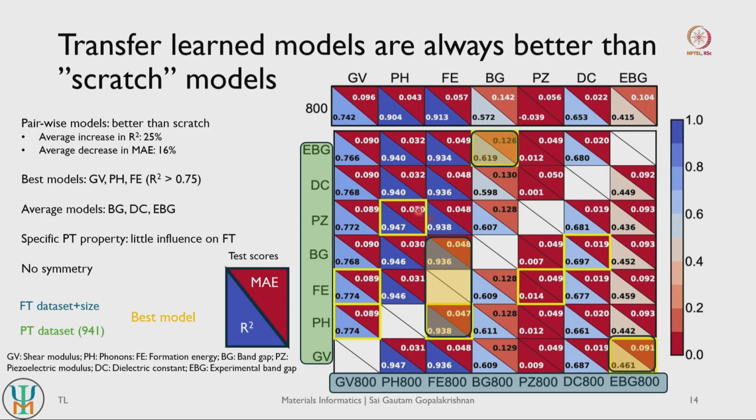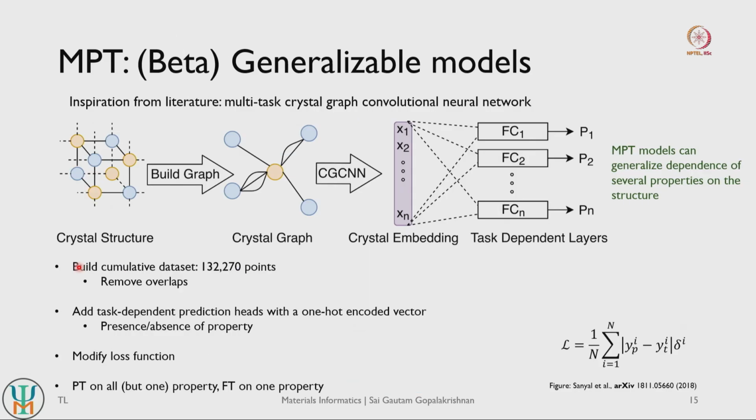You cannot make the conclusion that because shear modulus gave me the best performance for predicting my experimental band gap during fine-tuning, the vice versa will be true. You cannot have that expectation here. So there is no real symmetry between which properties are good for pre-training and which properties are good for the corresponding fine-tuning. Okay.